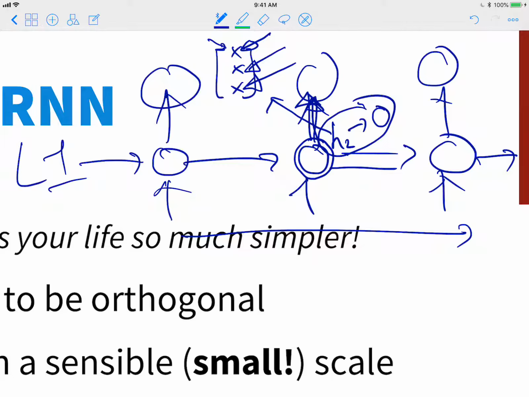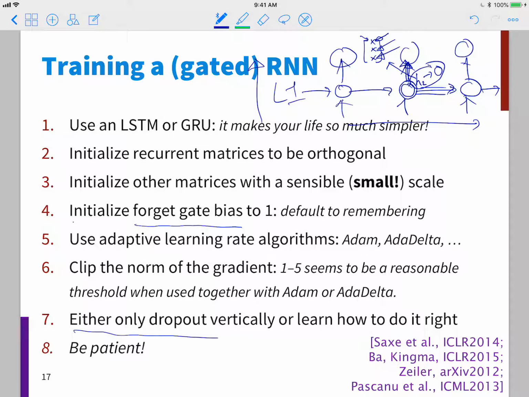But we don't do dropouts when they are fed into the next time step of the RNN module. So we don't do dropout horizontally, but do typical dropouts vertically, along the different layers.